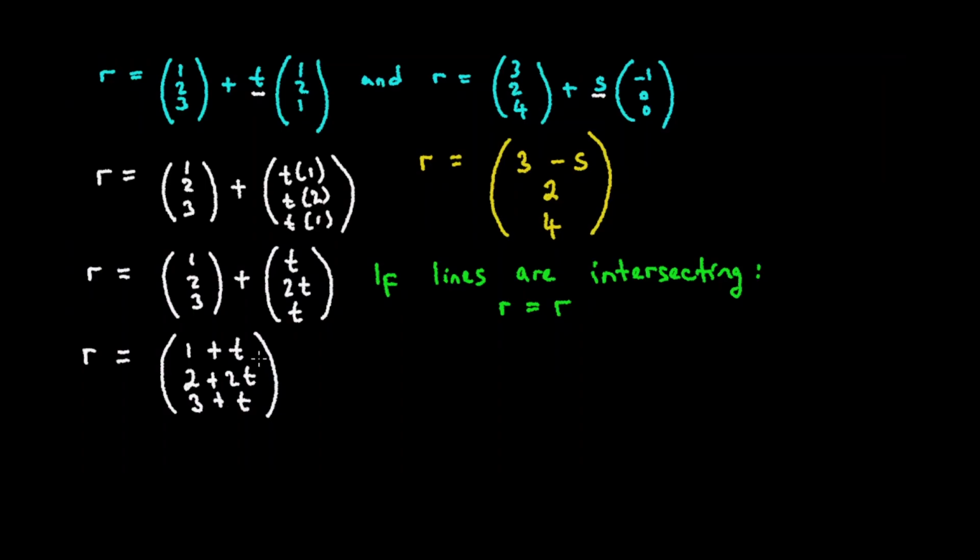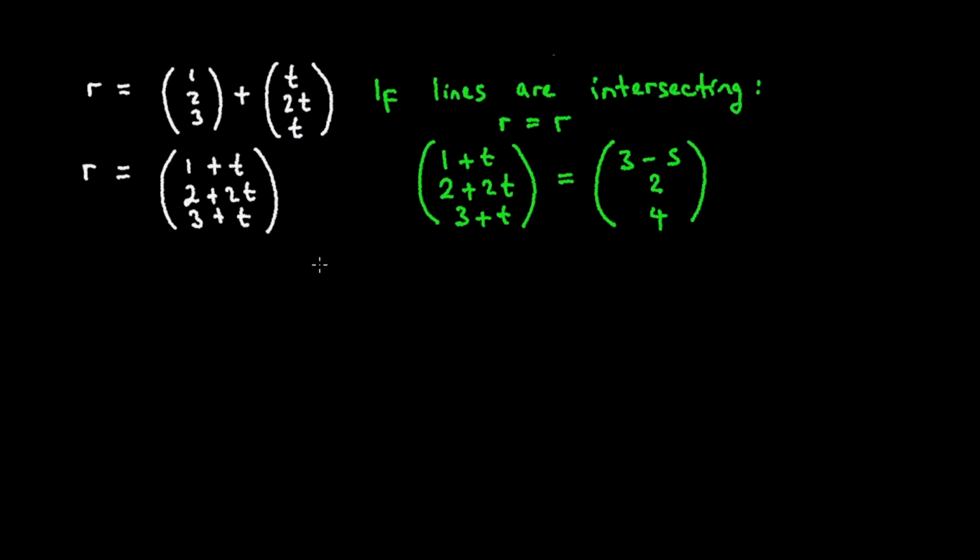So here we take this (1 plus t, 2 plus 2t, 3 plus t). This should be equal to (3 minus s, 2, 4).